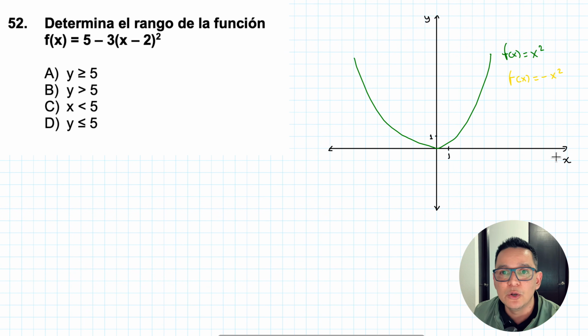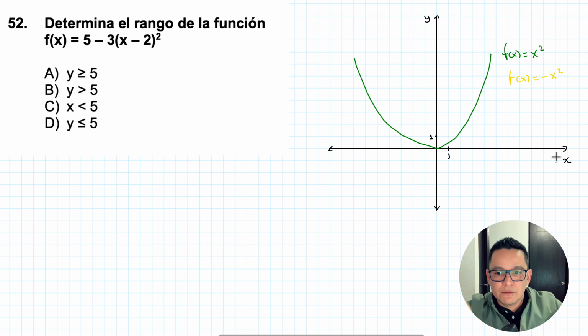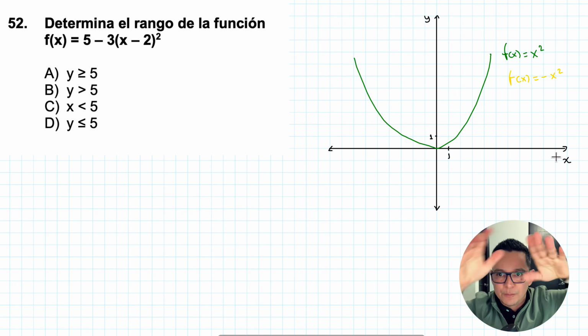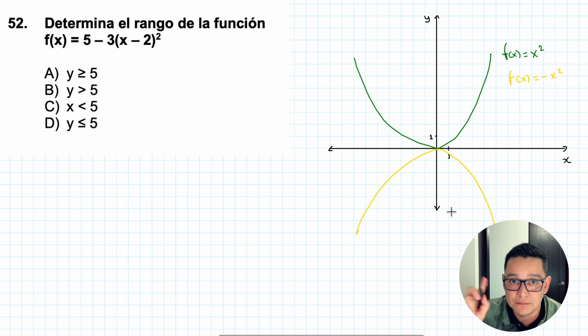Very simple. What happens is that it gets inverted. Instead of facing up, now it's going to be facing down, so we're going to invert it downward. Picture this: the drawing would look like if I put a mirror here and it just reflected. So this is the graph of the function negative x squared. Okay, don't forget that.